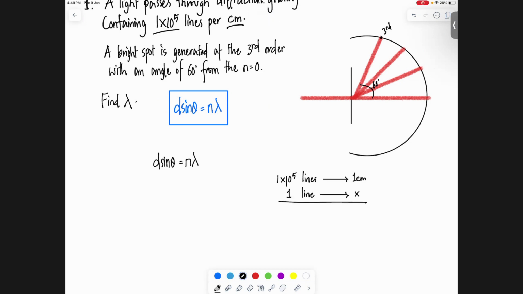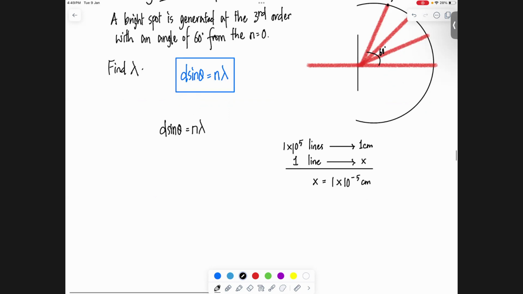So x is equal to the size of one line, which is 1 by 1 into 10 to the power 5. That's 1 into 10 to the power minus 5 centimeter. But I need the answer in meters. So therefore x is 1 into 10 to the power minus 7 meter.